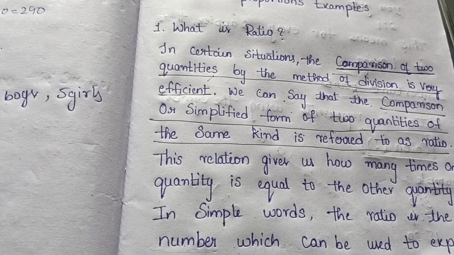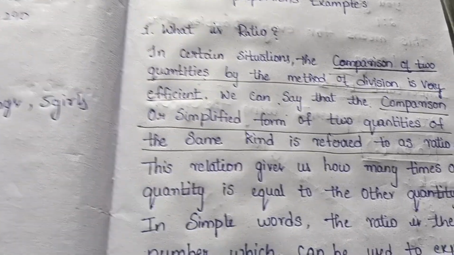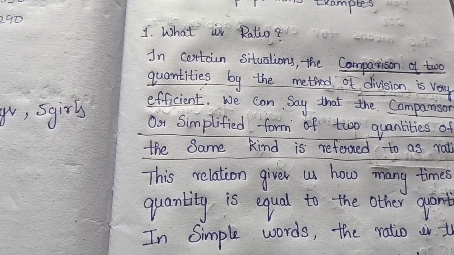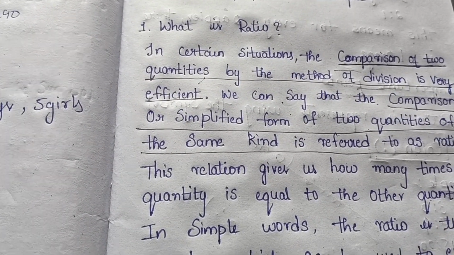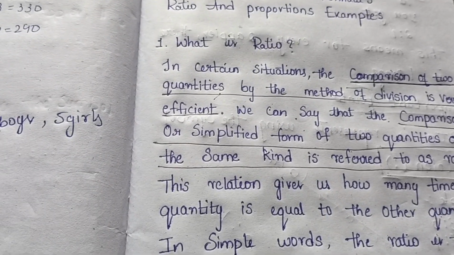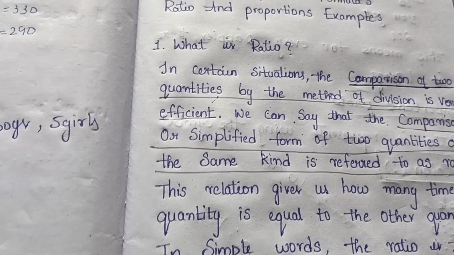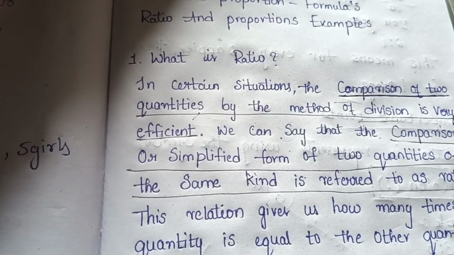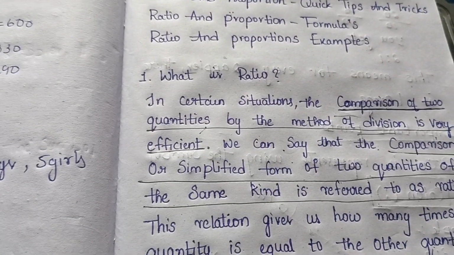Now you may think, where do we use ratio in daily life? Actually, ratio is everywhere. We use ratio while preparing recipes, mixing paints, sharing money, dividing profits, comparing salaries and school marks, maps, speed and calculations. So ratio is not just an exam topic, it is also a part of our daily life.